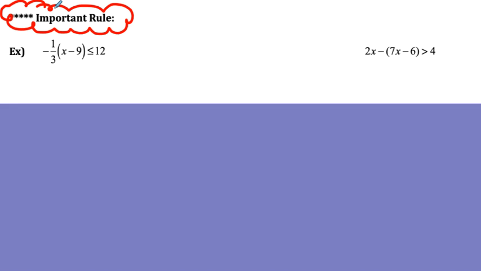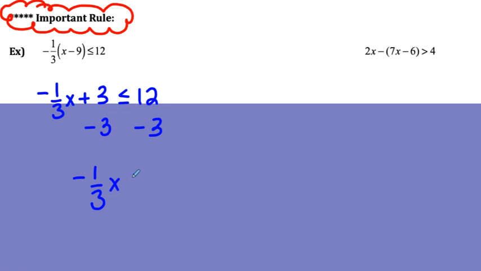So here's what I mean. First, I look at this, and I'm going to distribute the negative 1/3 in this case, just to show you. So I get negative 1/3 x plus 3 is less than or equal to 12. All right, so then I subtract 3 from both sides. So I get negative 1/3 x is less than or equal to 9. Now I would clear fractions, but I need it to be a positive x, don't I?